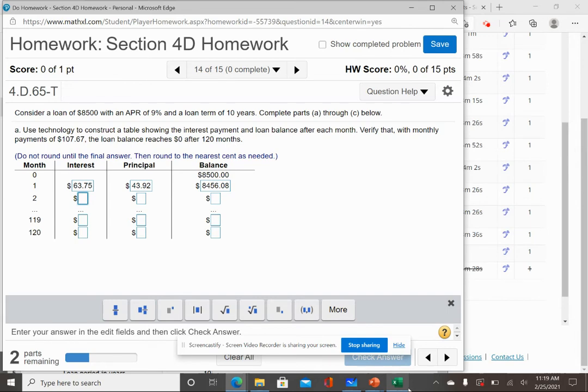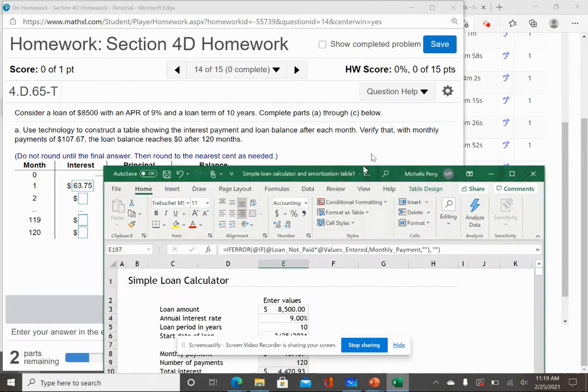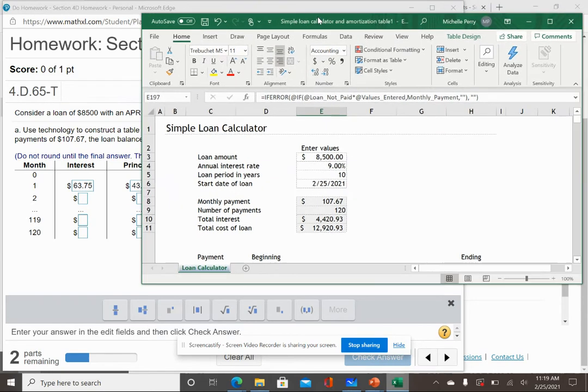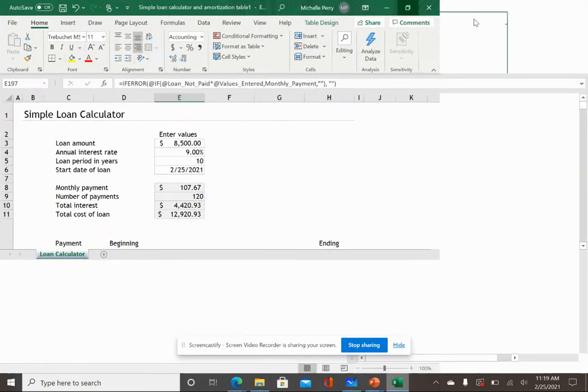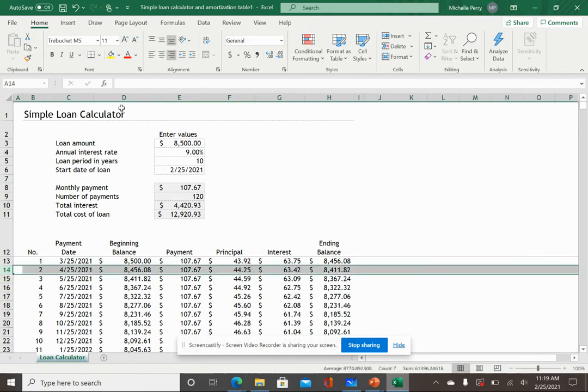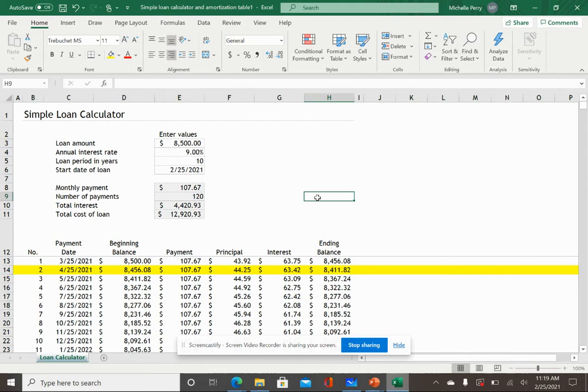Now, continuing on, we're going to do that same idea. I'm going to come back over to my Excel spreadsheet and then just jot down those numbers yet again. And I'm going to particularly focus in on what I have highlighted in yellow. I'm going to look at payment number 2. So yes, that payment amount is still $107.67.